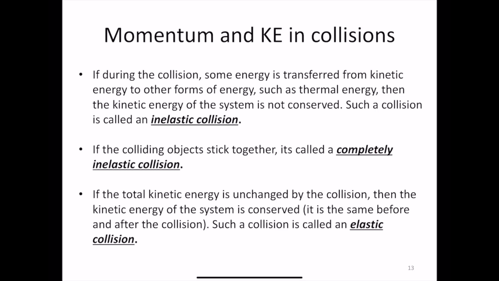And that's an example of an inelastic collision. Another example would be, you might have seen these terrible car accidents where the two cars collide at very high speeds and then they sort of fuse into one wreck. That would be an example of a completely inelastic collision.